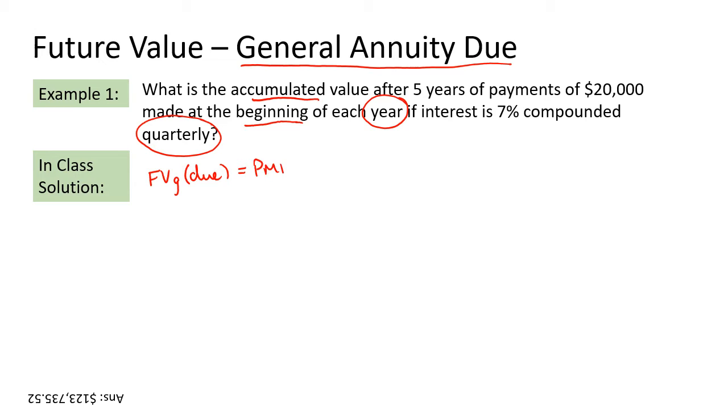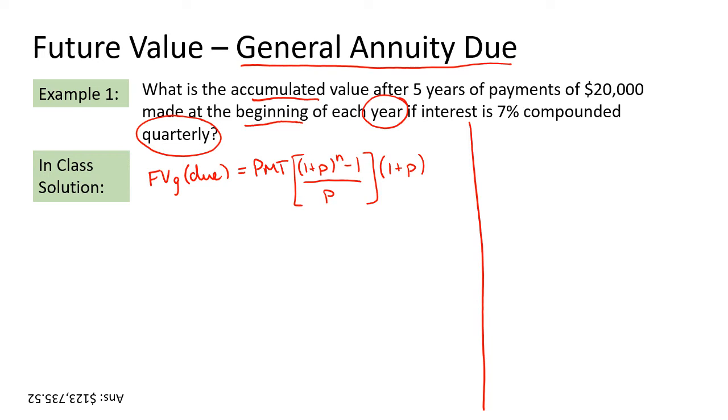That's equal to your payment times 1 plus this equivalent interest rate p to the exponent n, minus 1, divided by p, times its additional interest term, 1 plus p. So again, putting everything on the side here, what do you know? Well, from your question, your payments are $20,000.